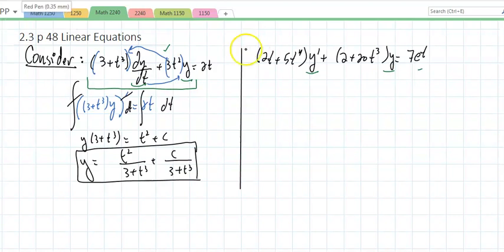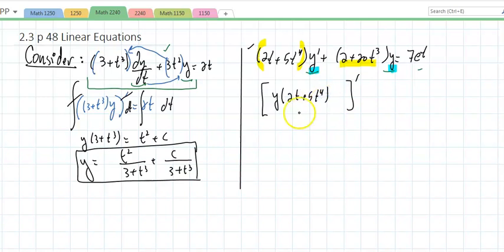And look at this second example. Do you see that it's the same idea? If I take a derivative of this, it's right there. And if I take a derivative of this, it's right there. So this is again the product rule. Somebody must have taken the product rule of the quantity y times 2t plus 5t to the fourth. The derivative of the first times the second is right there, plus the first times the derivative of the second right there.